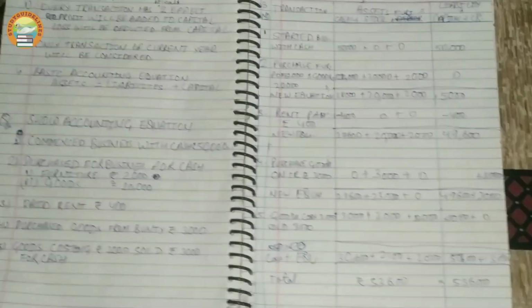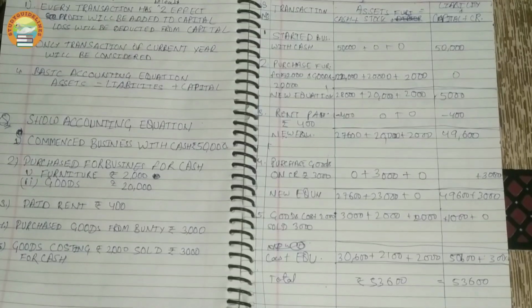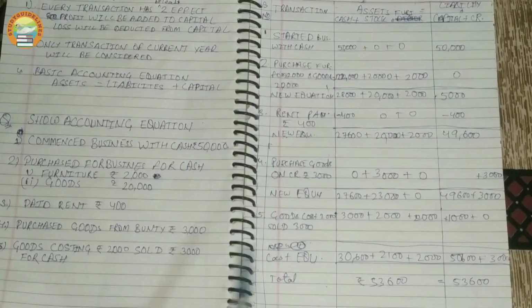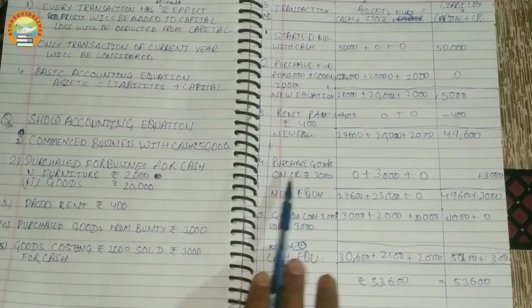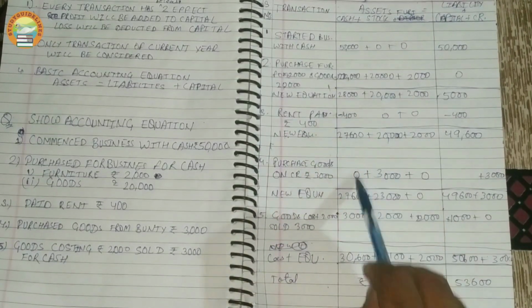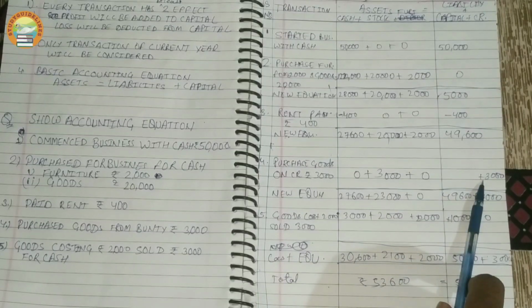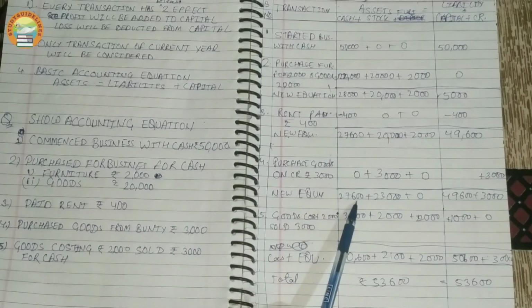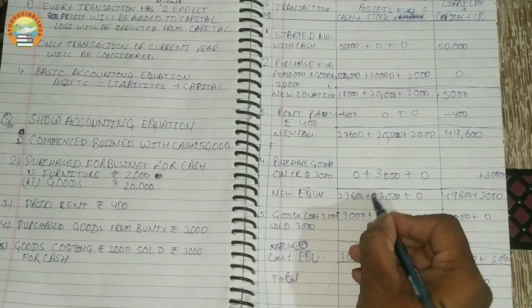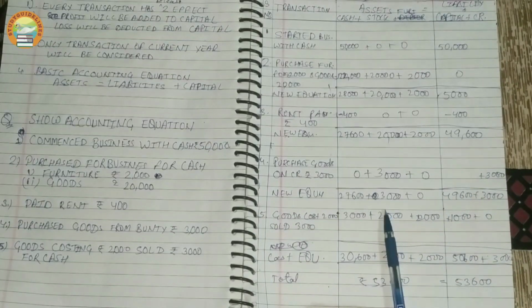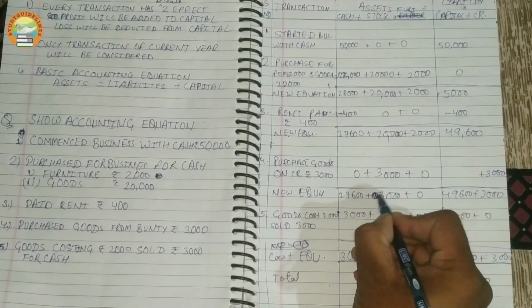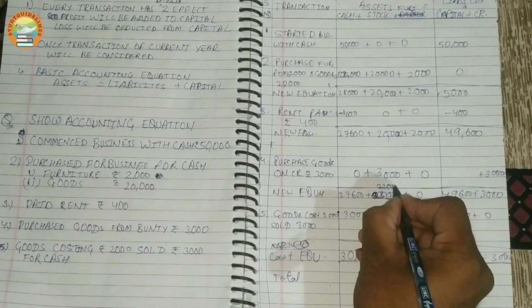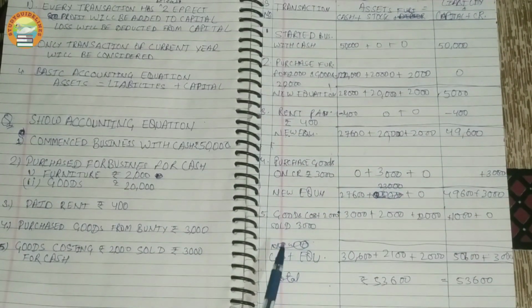Purchase goods on credit: stock will be added by 3,000, and on the liability side 3,000 will be added as creditor. The new equation is the same as before, but with 3,000 creditor and stock of 23,000.